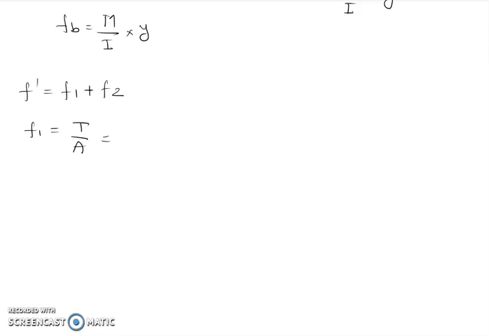It is equal to 1920. I am using the same numerical values that we used in the first numerical. In case you have missed something, please refer to the first numerical again. So area is 400 into 600, that is equal to 240000, which gives 8 Newton per mm square. This is F1.